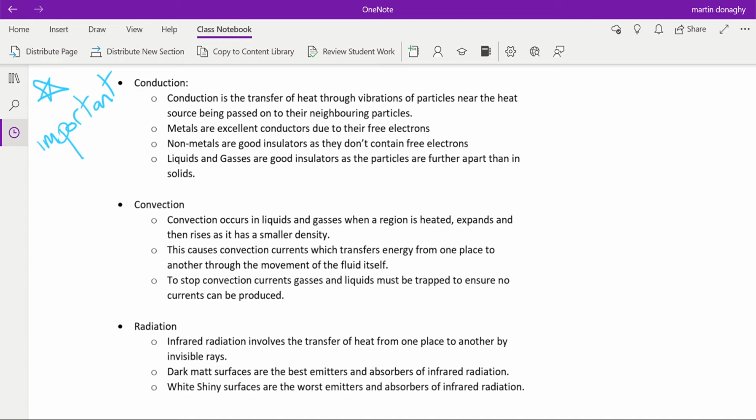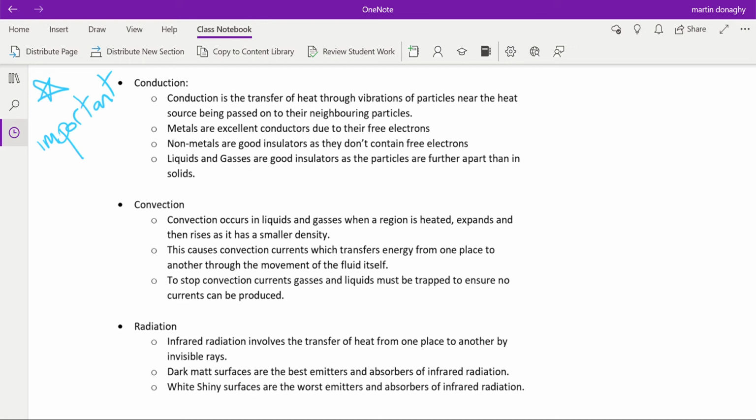However, another means by which liquids and gases can transfer heat is convection. In convection, a part of a fluid is heated, causes it to expand, which means its density decreases. That makes it lighter than the surrounding fluid, and it then rises up. But because it's warm, it's taking the heat with it, so the heat is transferred through the motion of the fluid itself.